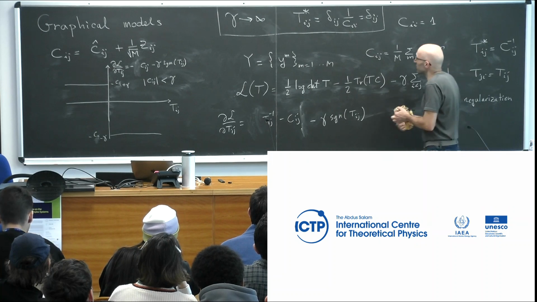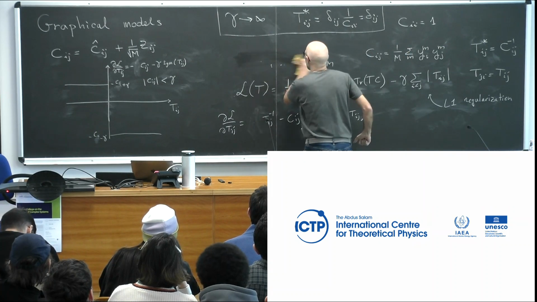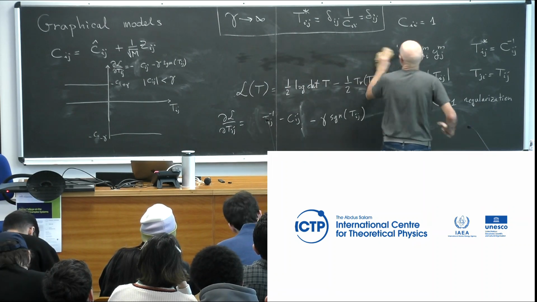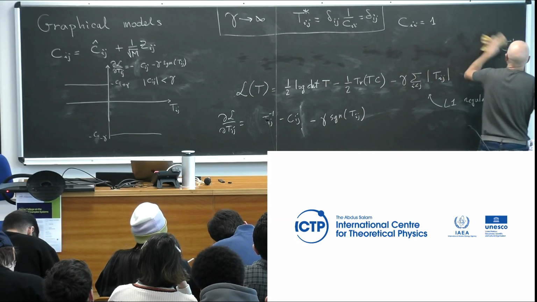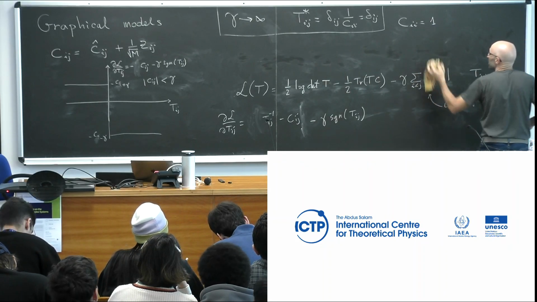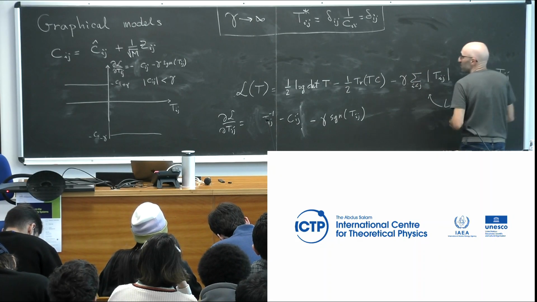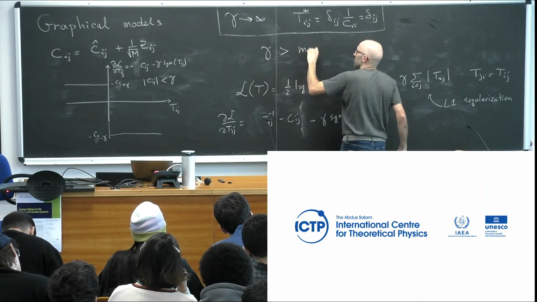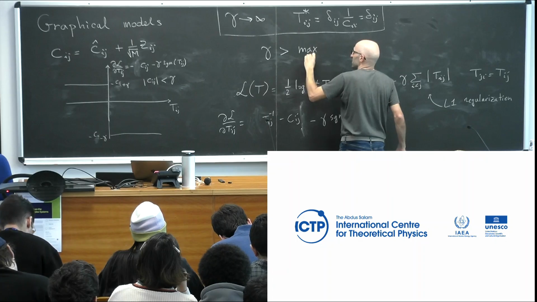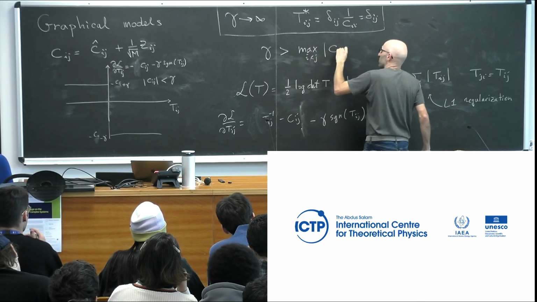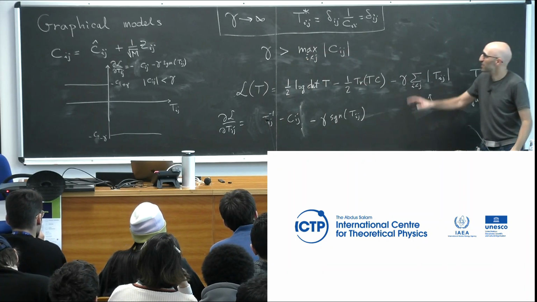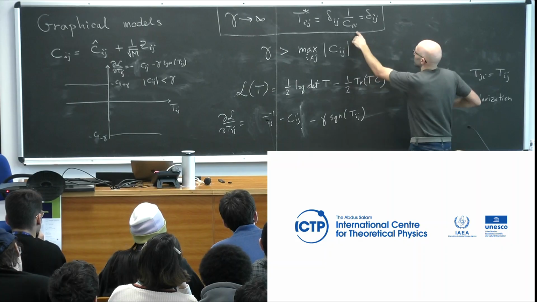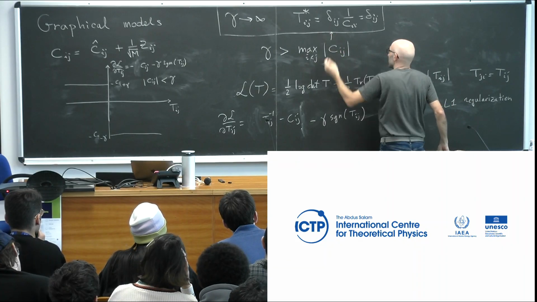So the conclusion is that if you regularize your problem by an L1 norm, if gamma is bigger than the maximum over i and j of the absolute value of c_ij, then this is still the solution.